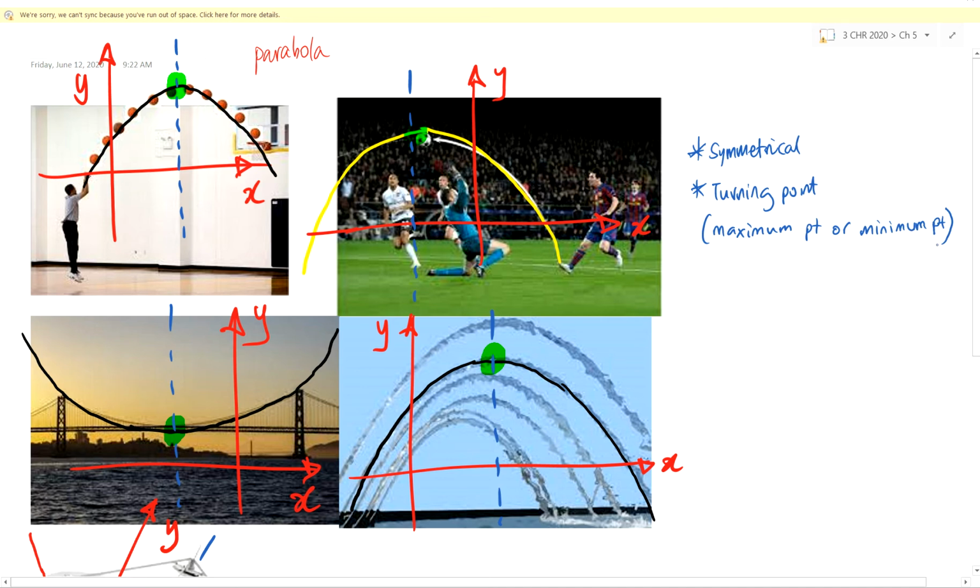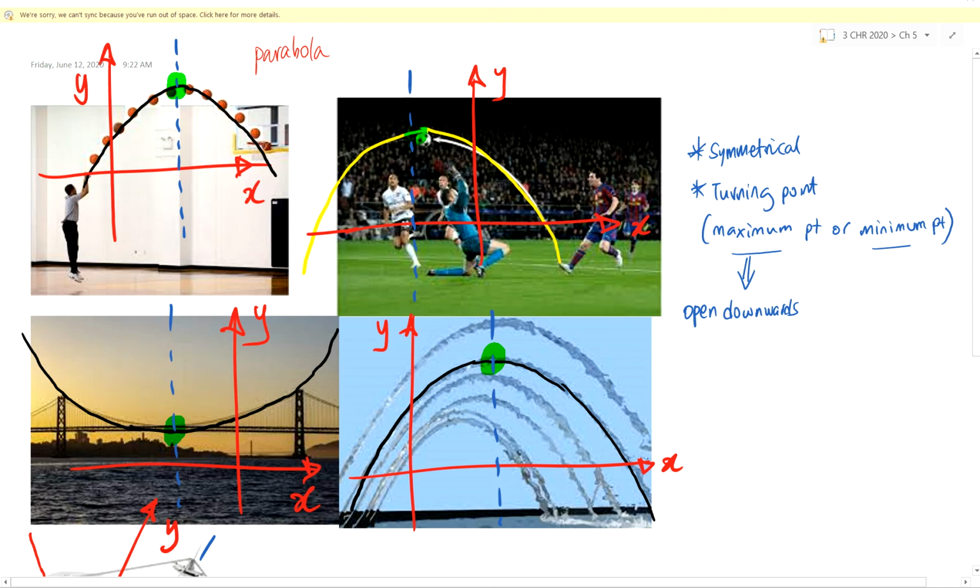Okay, and we also notice that based on whether it has a maximum or a minimum point, the parabola will open differently. For graphs with a maximum point, we describe it as open downwards.